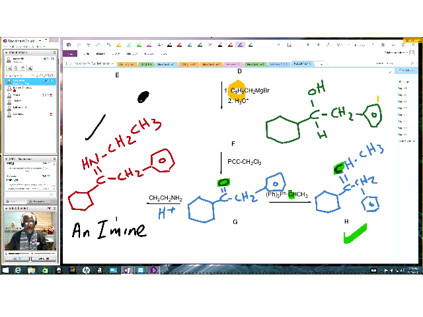So you are going to lose water here eventually. But the point to be made here is anytime you see the primary amine reacting with the carbon-oxygen double bond, you are going to form an imine. Because this reaction will be catalyzed by hydrogen ion.